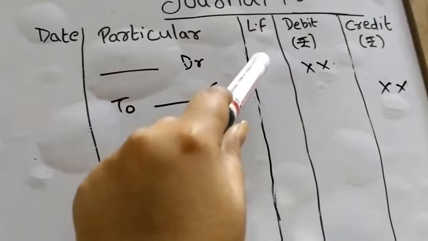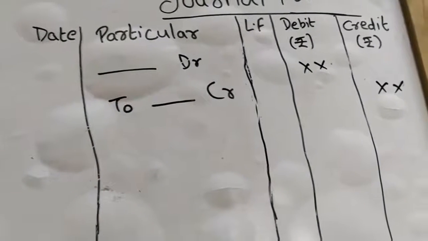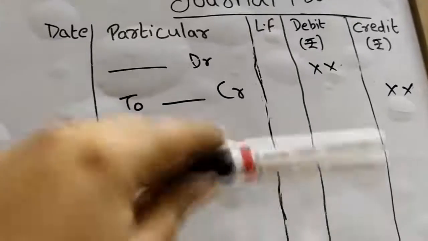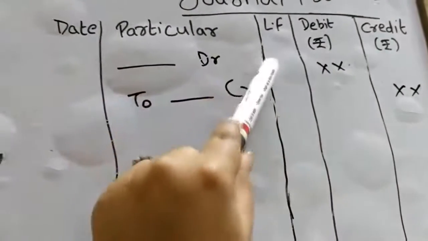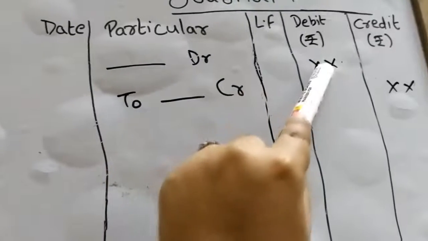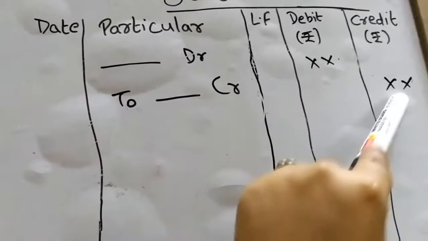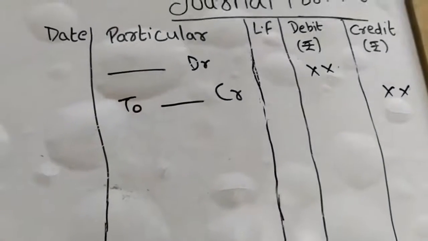It has no concern with your academics, but in real life, when we used to maintain the ledger book, we used to make sure that the page number of the ledger book is written in this column. The debit column is for the amount debited and the credit column is for the amount credited. I hope this format is clear.